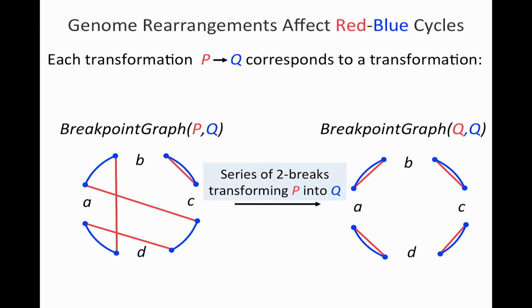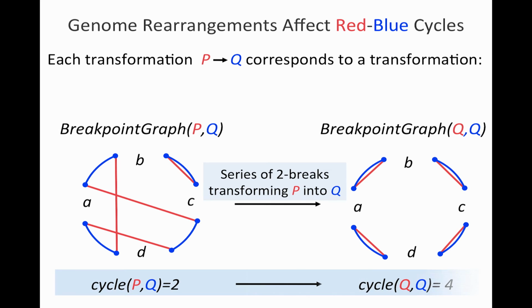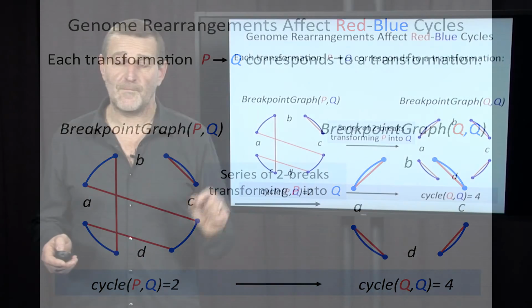Despite the fact that the series of 2-breaks transforming P into Q is unknown, we know that the number of cycles between P and Q, in this case 2, must change into the maximum number of cycles between P and Q, which in this case is 4.